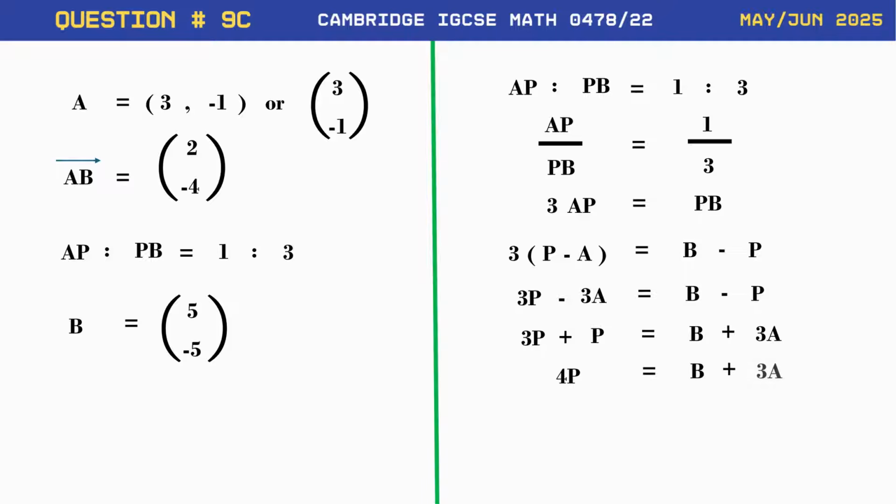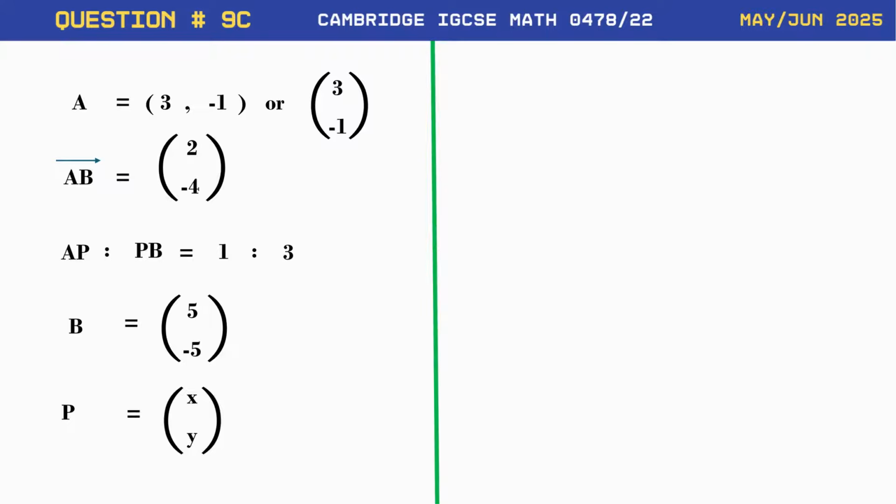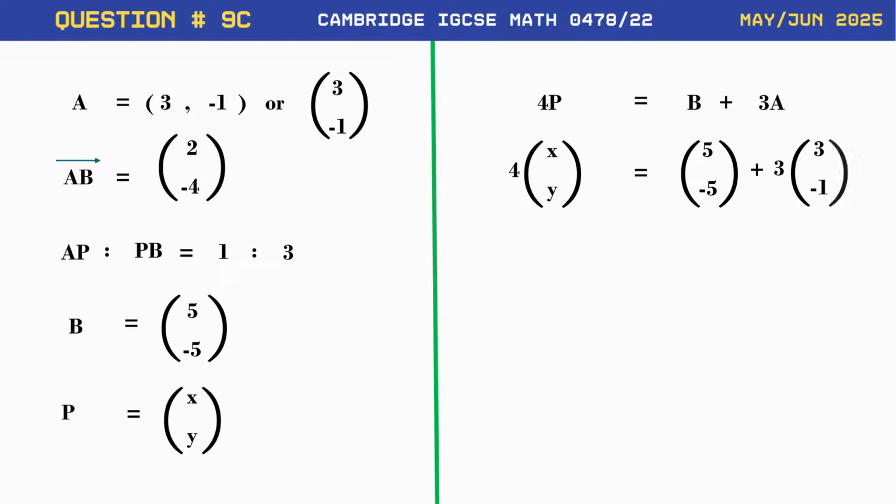Let's assume that P is a vector (x, y) and substitute values in our equation. Our final equation is 4P equals B plus 3A. Let's substitute values. 4 into vector (x, y) equals vector (5, -5) plus 3 into vector (3, -1).